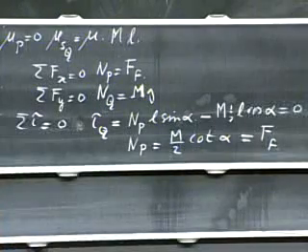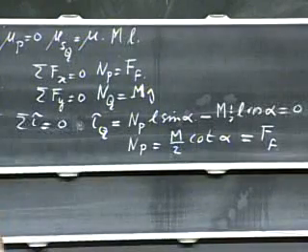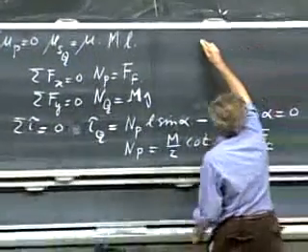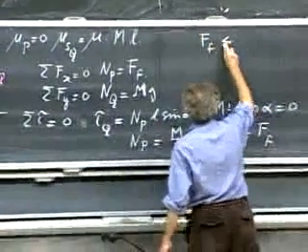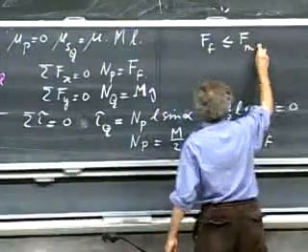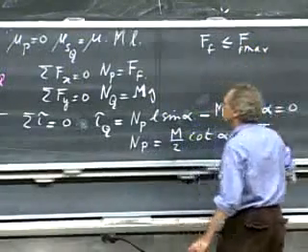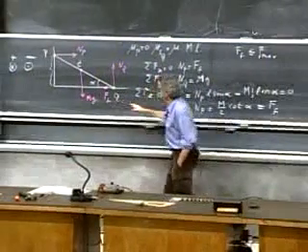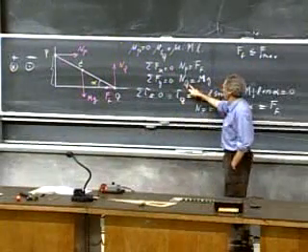Now, I don't want this ladder to slide. So I have a requirement that the frictional force must be less than or equal to the maximum frictional force possible. And the maximum frictional force at this point Q is mu times the normal force.